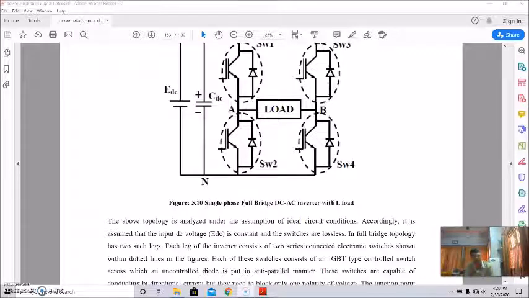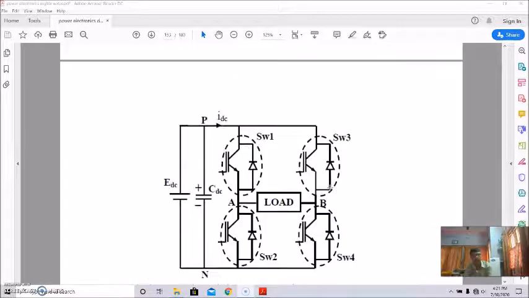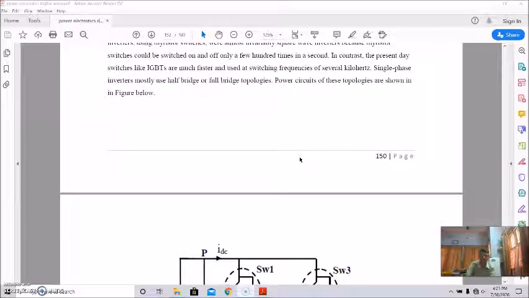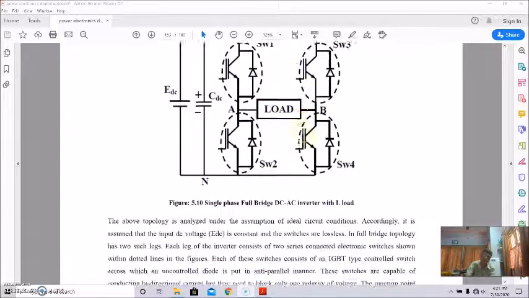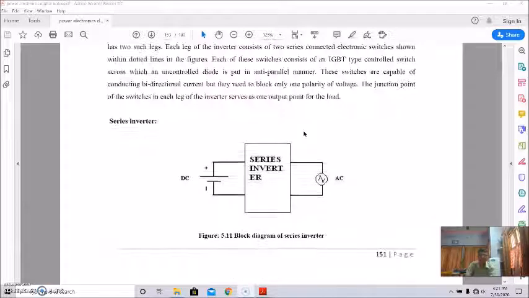We have also discussed different topologies of power circuits, and why instead of thyristors, nowadays IGBTs are used as switches. What are the advantages, I discussed. Now we'll discuss different types of inverters, series inverters, parallel inverters, etc.